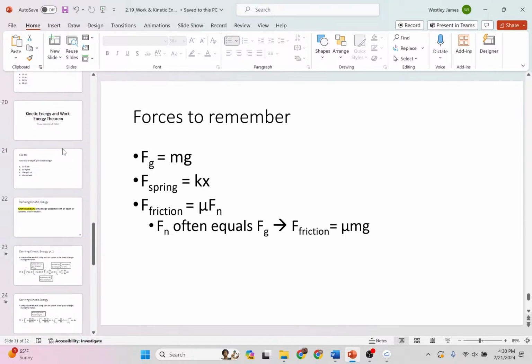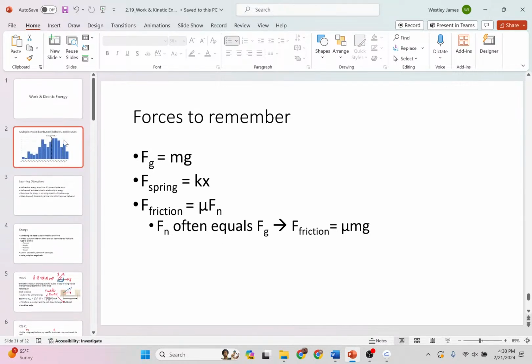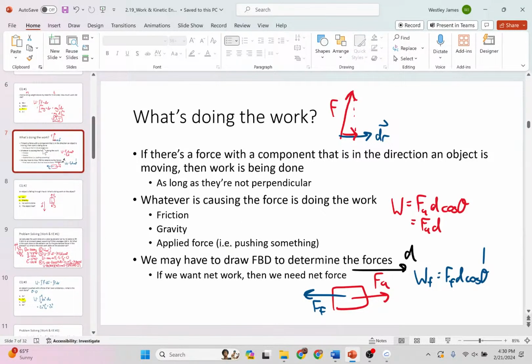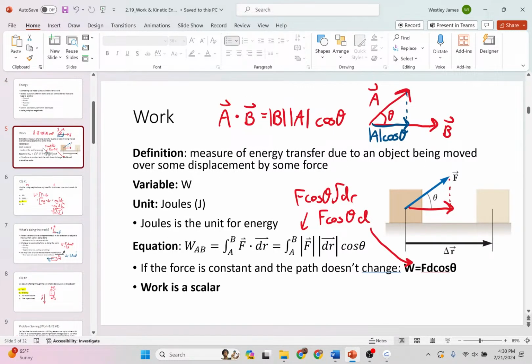So, welcome, y'all. Last class, we started talking about energy and work. We defined work as basically how much energy something gains or loses. And what is a way that we can gain or lose this?